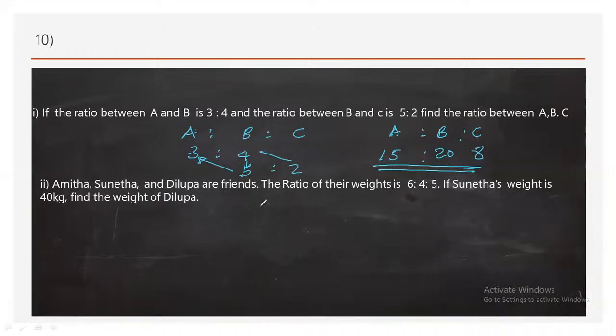Amita, Sunita and Dilufa are friends. The ratio of their weights is 6 to 4 to 5. Sunita's weight is 40 kilograms. Find the weight of Dilufa.